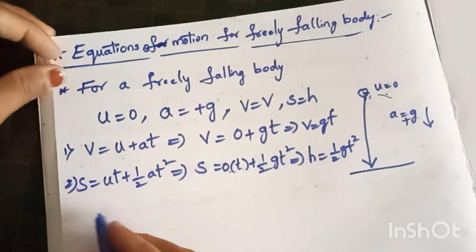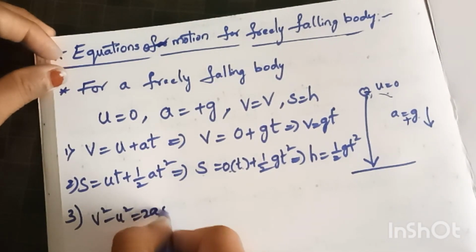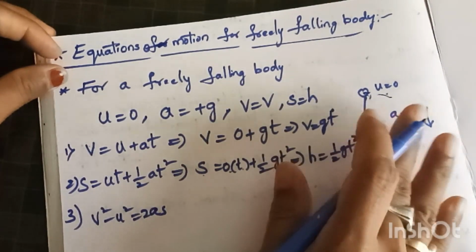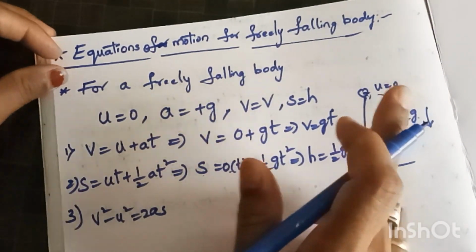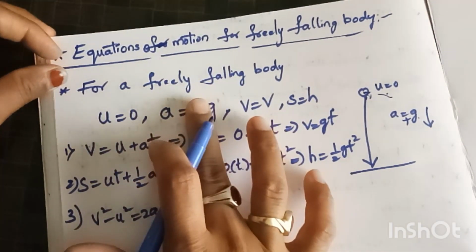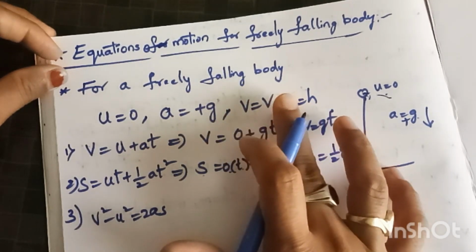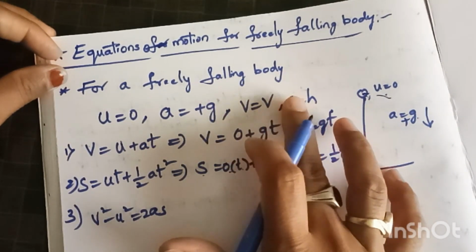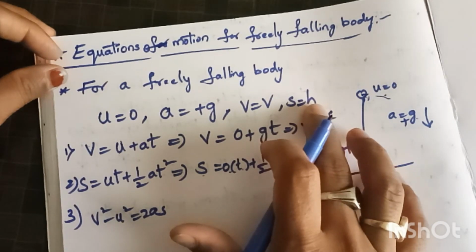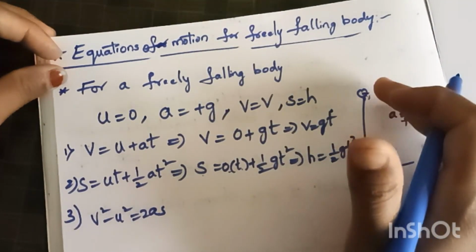Next, the third one, v square minus u square equals 2as. Just remember that for a freely falling body, the initial velocity will become 0, acceleration becomes acceleration due to gravity, that is plus g, and the distance traveled will become the height traveled by the freely falling or vertically projected upward body.